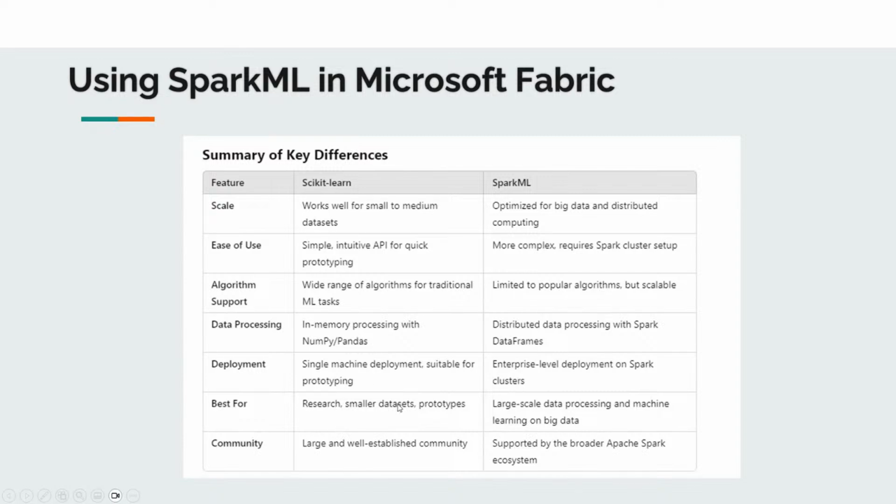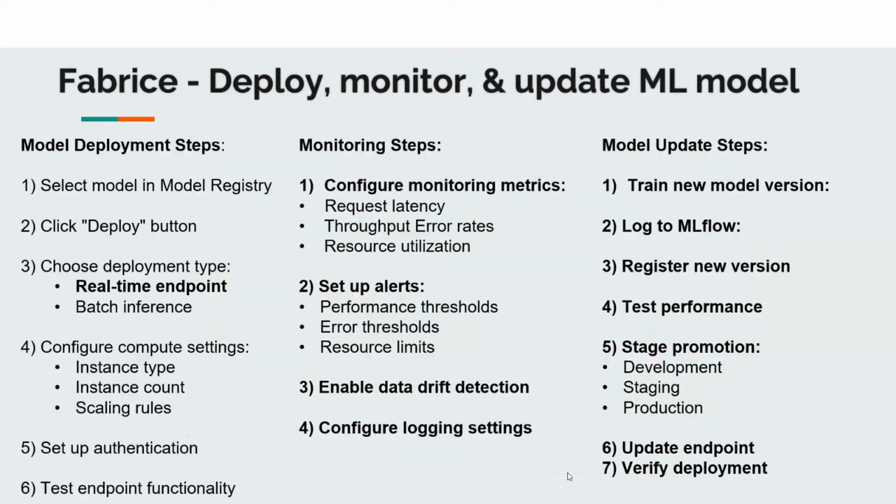So scikit-learn's best for research or smaller data sets, Spark ML for large ones, close to real time. And then community: a large established community with scikit-learn. Spark is open source, so it has a fairly large community too. There are lots of resources out there you can go to, including generative AI to ask questions or create code.